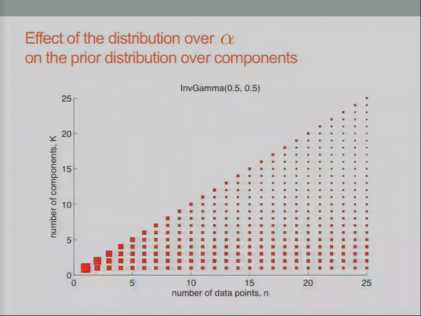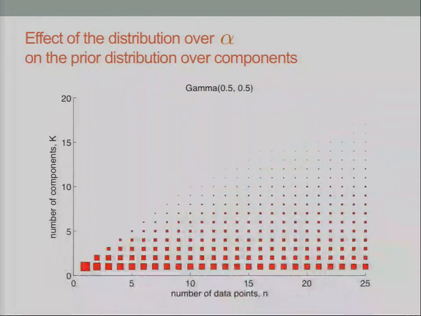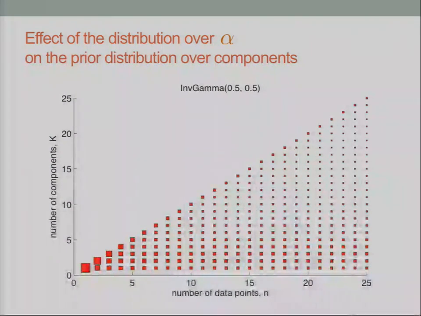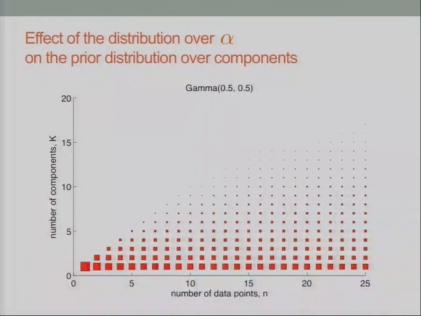So again, there is no best way of choosing priors, but these are two possible things that I tried, and depending on your model needs, depending on your intuition about what you want to use for your data, you can choose to use this or maybe something else.